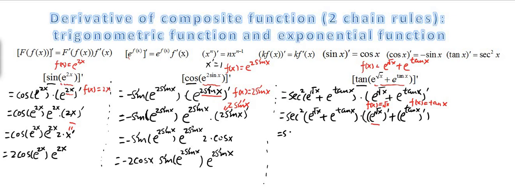We're gonna copy the first term, and then for the first term we follow the formula, do the derivative of e to the power square root of x, and then do the derivative of f(x), that is square root of x. And for the second term, again, we have e to the power tangent x times the derivative of f(x).